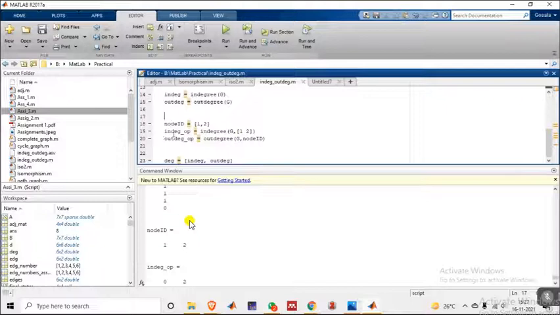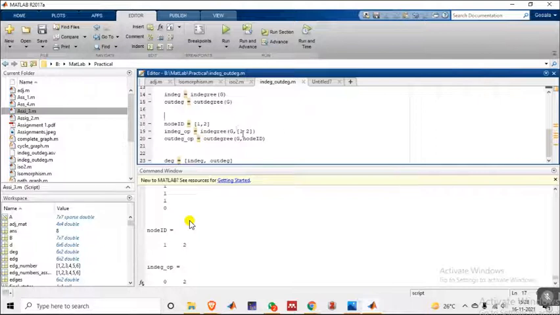I have used the value in degree OP. I just gave a random name, whatever name you want to give, you can give. Similarly, out degree underscore OP, which I have given. I am calculating in degree and out degree from the graph G for the edge 1, 2. Here is where I found it.